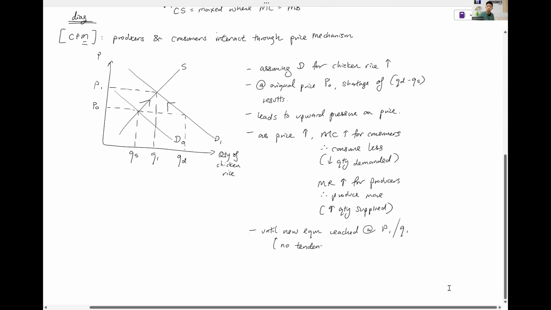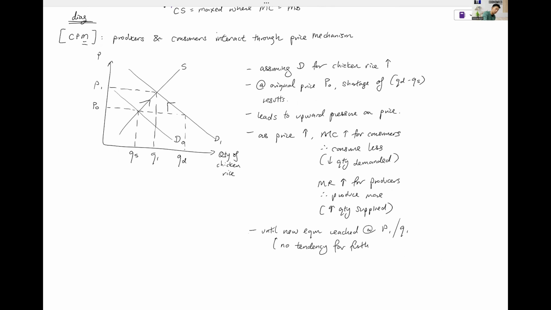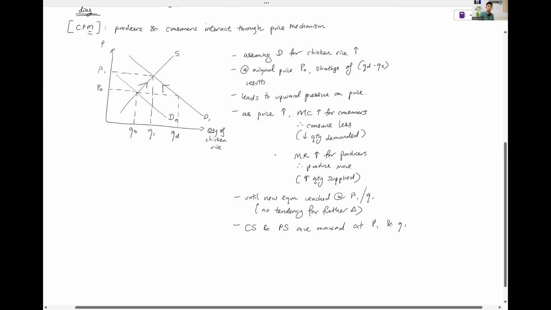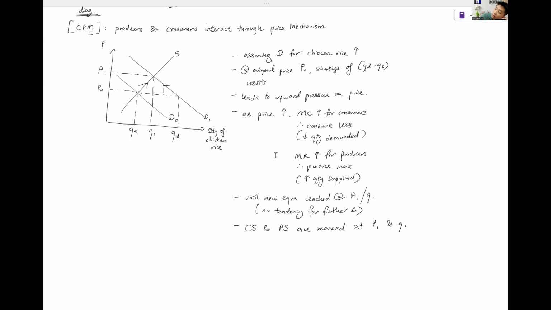So when there's no tendency for further change, consumer surplus and producer surplus are maximized at P1 and Q1.